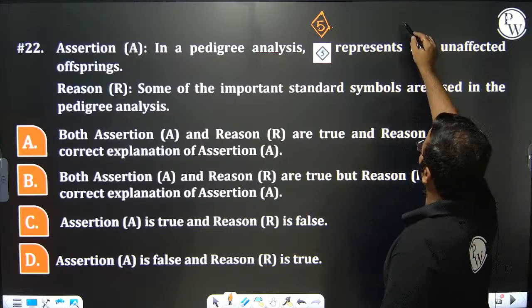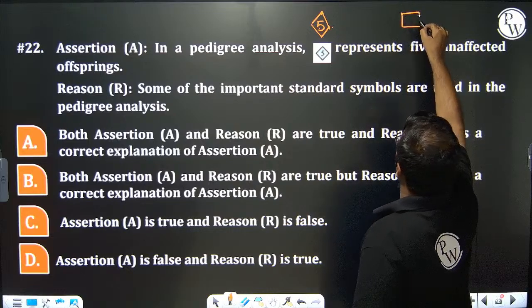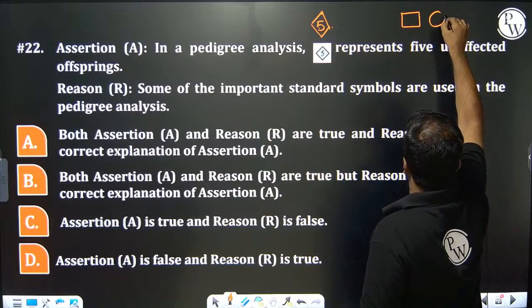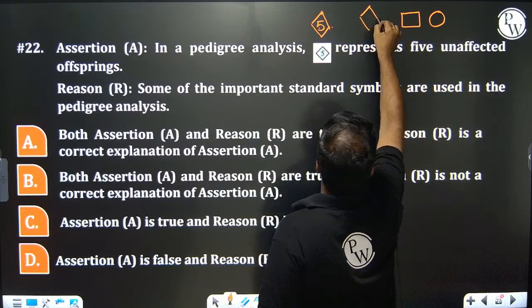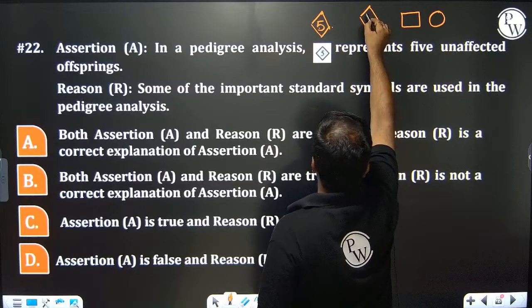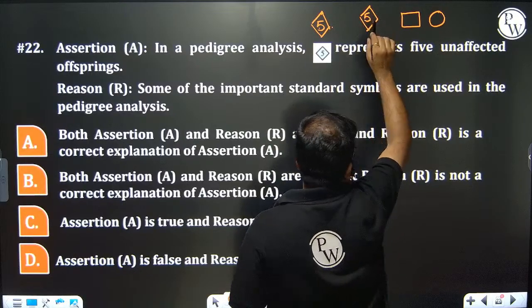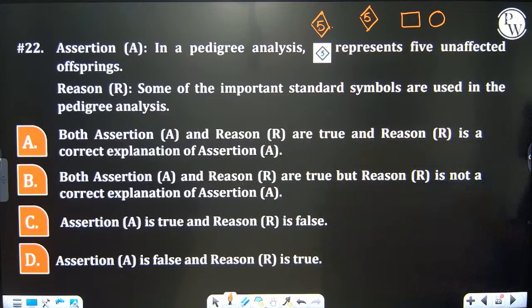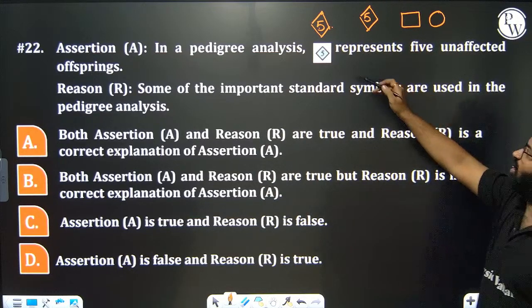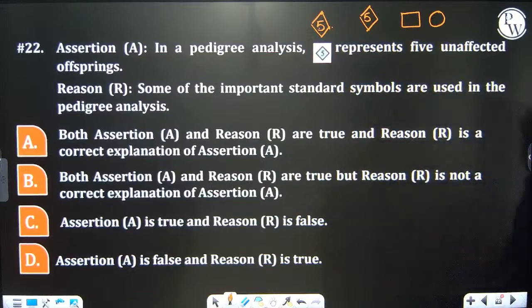You know, males and females are represented like this. And if you represent a diamond shape like this, we don't know the sex. If you write 5, that means there are 5 offsprings which are unaffected, but we don't know their exact sex. So that is how it is represented. So which is true as a statement?